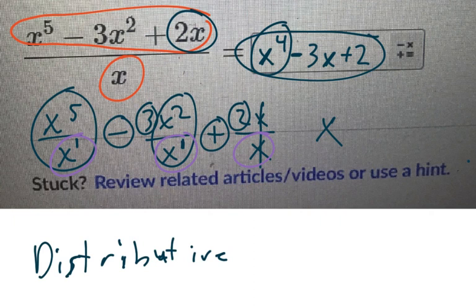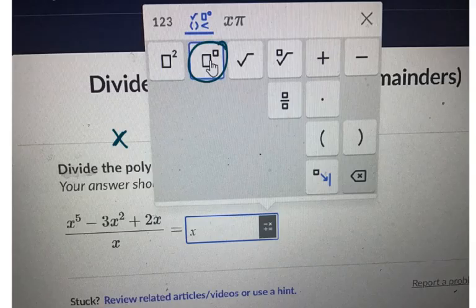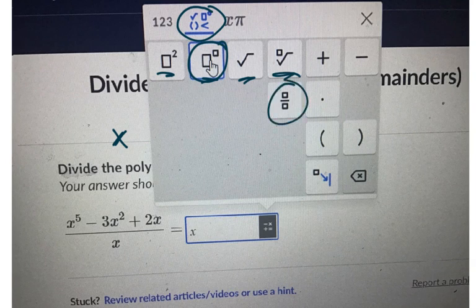And what would happen is you'd see a little cursor here blinking, and you would type in the 4. Okay? So just remember, this button gives you your power buttons, whether it be squared or any other power, square roots and radicals. And of course, as you can see, it also has a fraction button there.